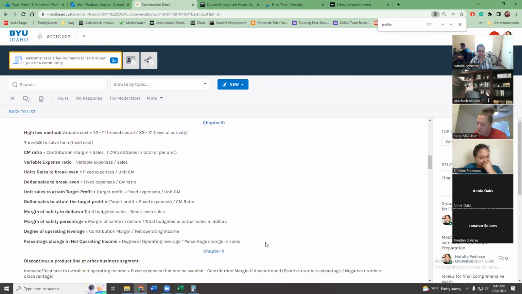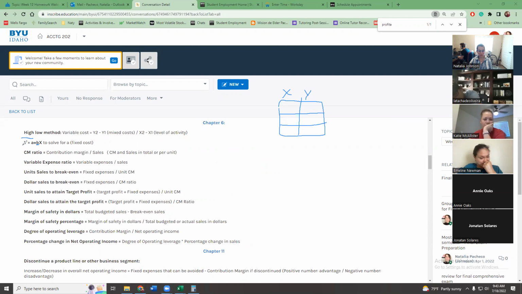For chapter 6, we go back to y equals a plus bx. So they will give you a table of units and cost, or maybe they will only give you 2. And you just have to find b, which is the variable.